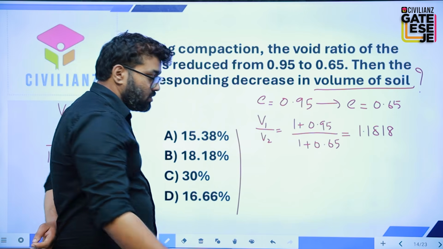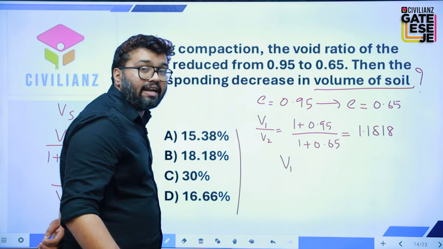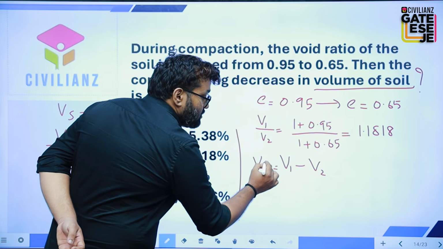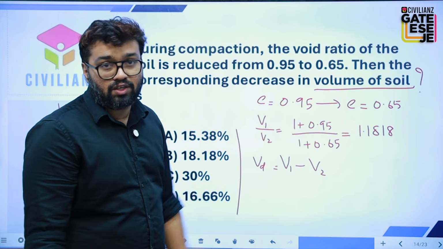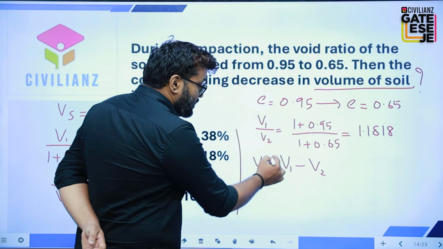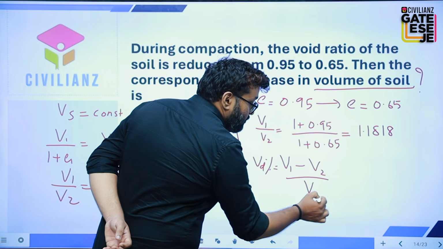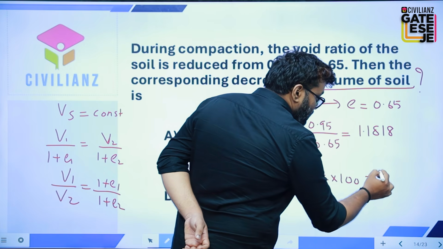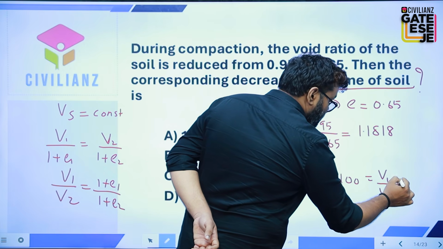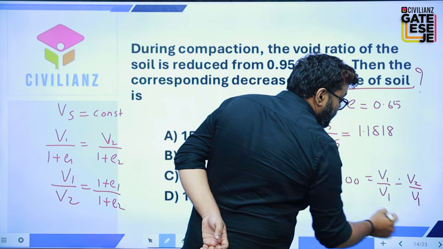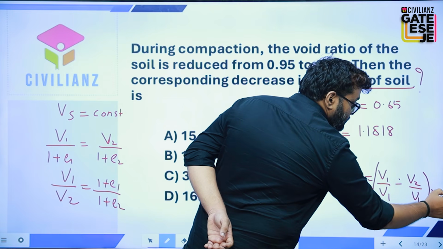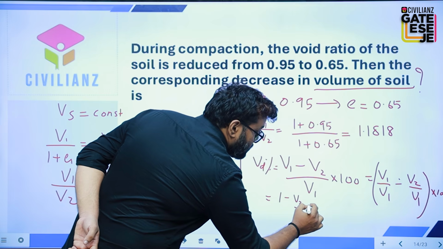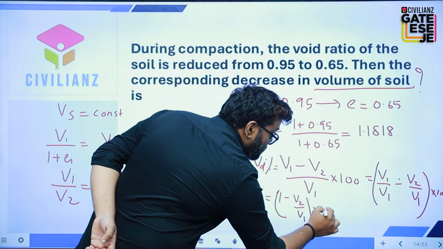So what is the volume change? The initial volume was V1 and now the volume is V2. So the volume decrease is V1 minus V2. And we want to find it in percentage, right? So divide by V1 into 100. So we can write this as V1 by V1 minus V2 by V1 into 100, which is equal to 1 minus V2 by V1 into 100.